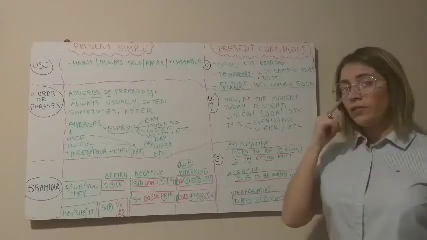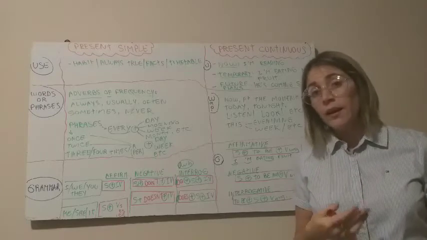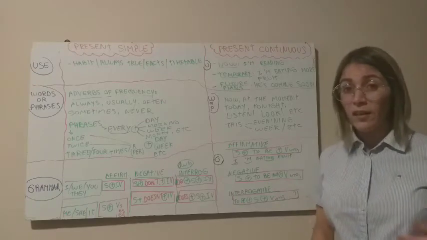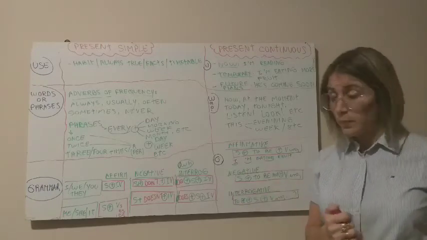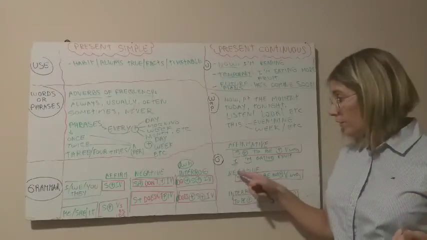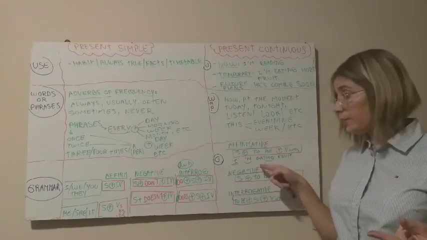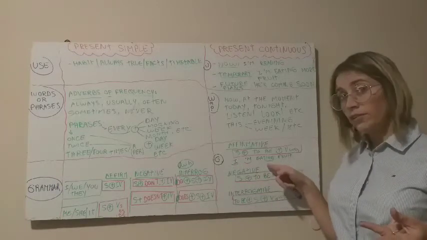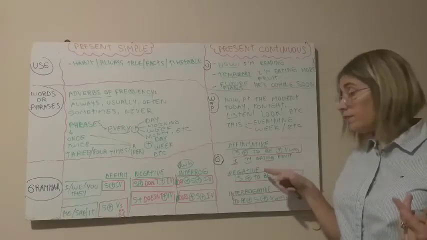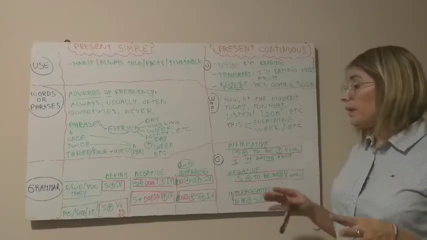What you have to remember is the verb to be, because it is going to change according to the subject that you use. If you use he, she, it, you're going to say is. He is eating. She is eating. They are eating. We are eating. Pay attention to that.